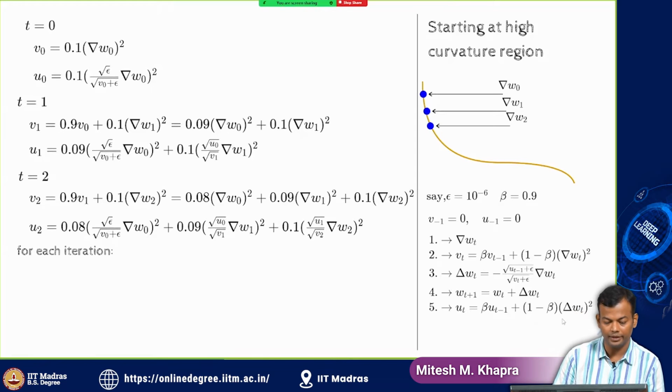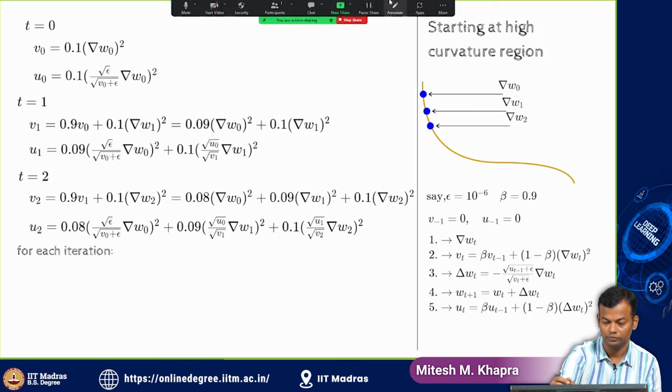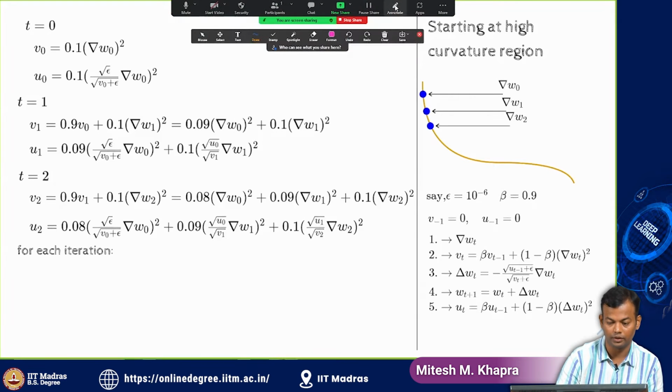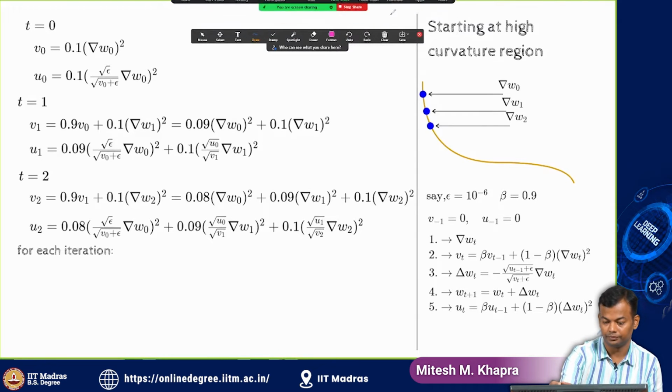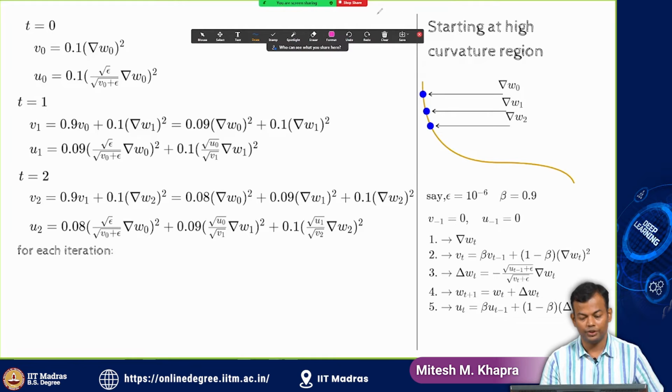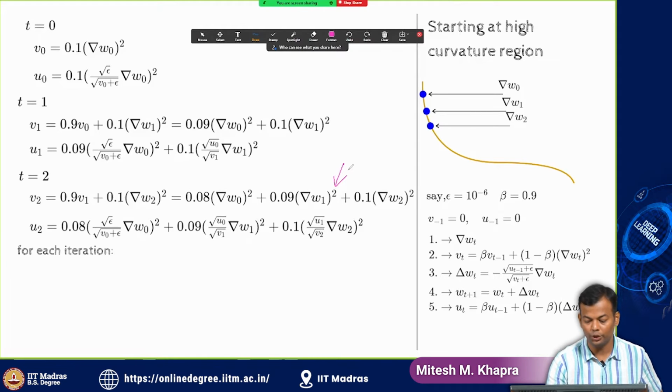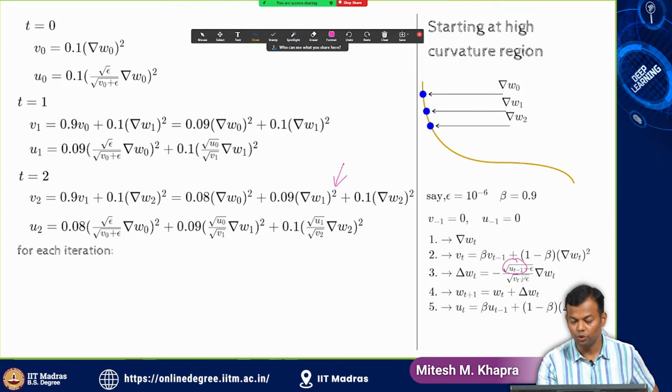So now if you look at this time step, when I was here at t equal to 2, I will use U1 divided by V2, right?